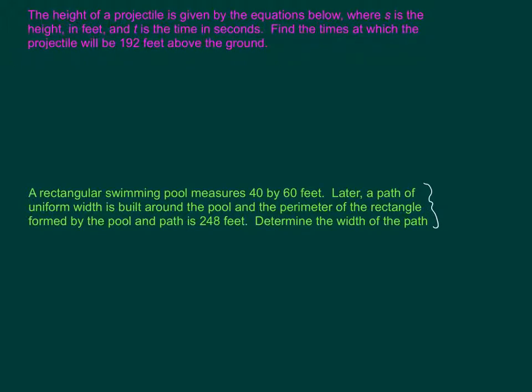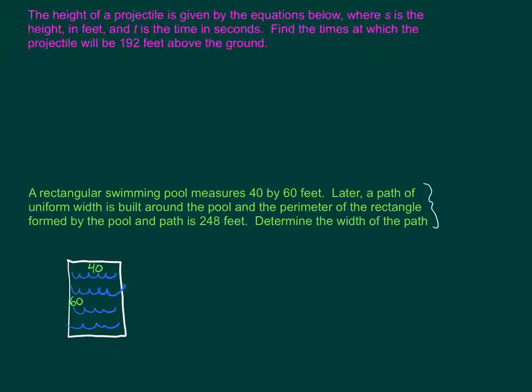So when you see one like this, it's always good to draw a picture. So here, this is my pool. Let me make this a little bit authentic for everybody. Put some little waves in here. And now, we all know that this is 40 by 60 feet.